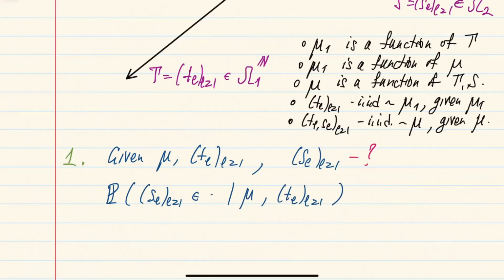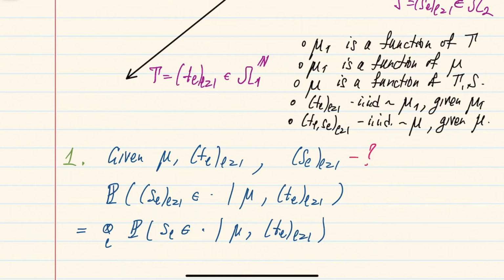Now first, I want to say that this is actually a product measure. So given mu and the sequence T, all S_l are independent. So we can write this as a product over l of the distributions of individual coordinates S_l given mu and the sequence T_l.